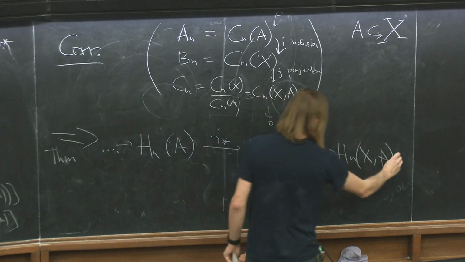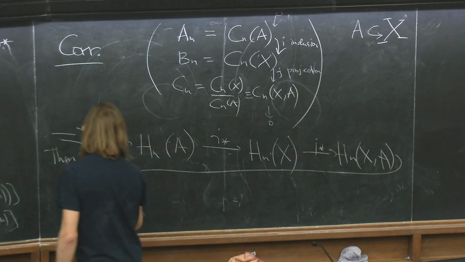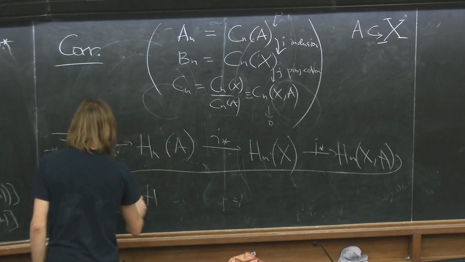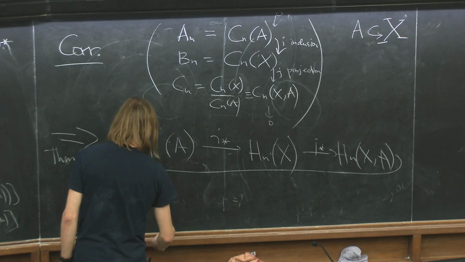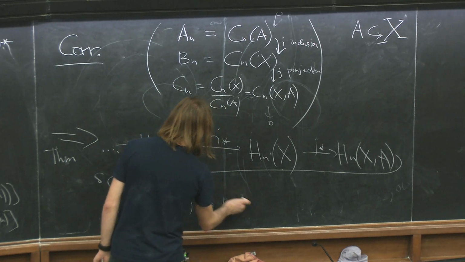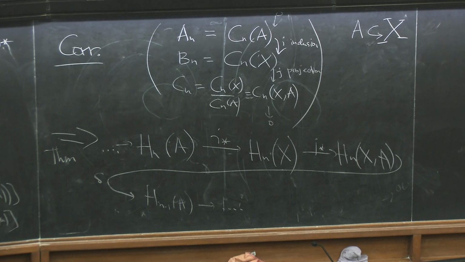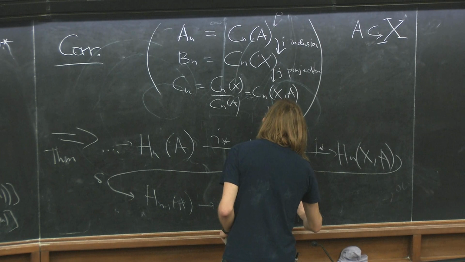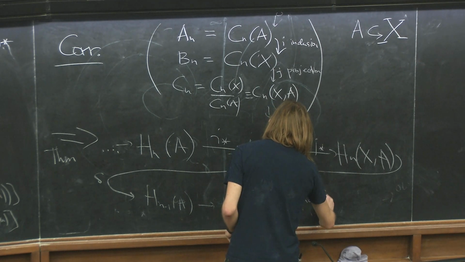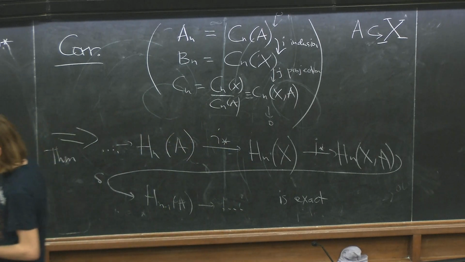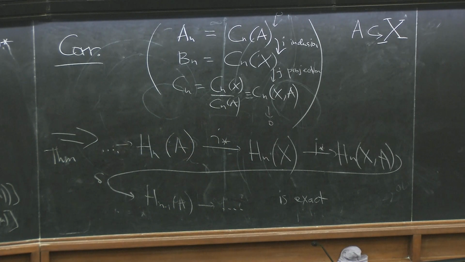Then we have this connecting homomorphism delta, which takes us to H_{n-1} of A, and then we repeat. And the statement is that this is exact. So let's see how we can, for example, use this.